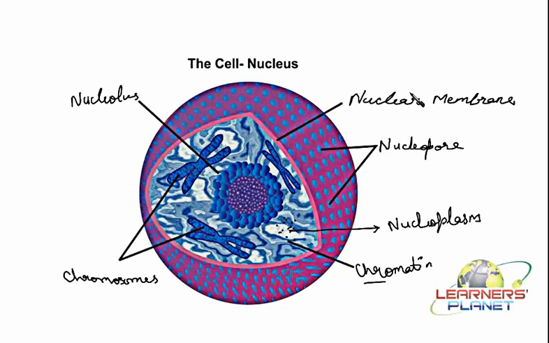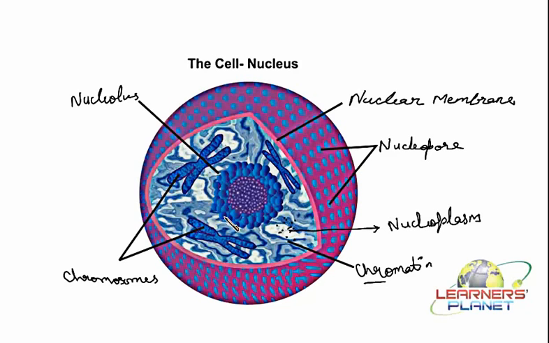Other questions which come regarding the nucleus are the comparison of the prokaryotic nucleus with the eukaryotic nucleus. In a prokaryotic organism or a prokaryotic cell, the structure is not like this. How is it present over there?